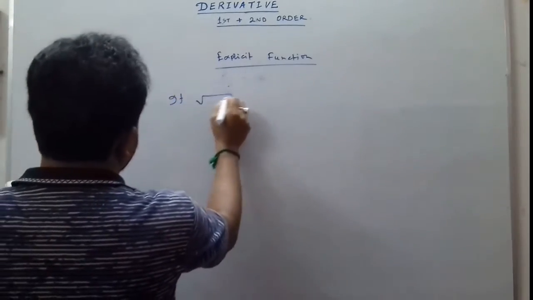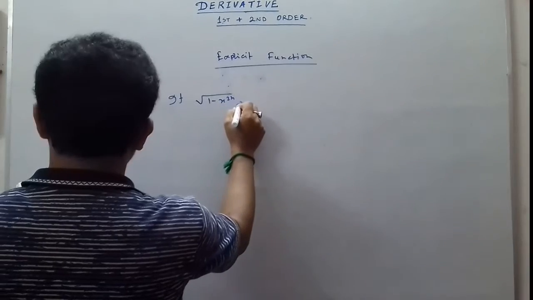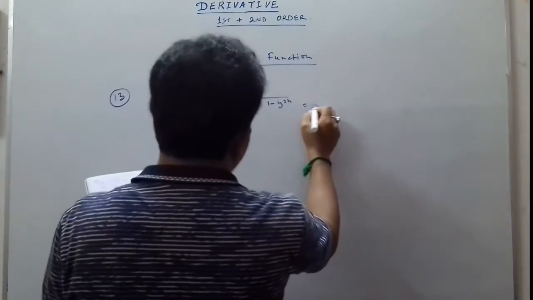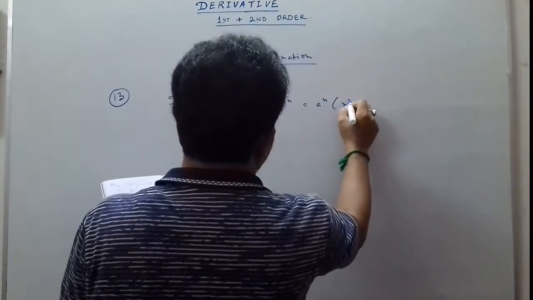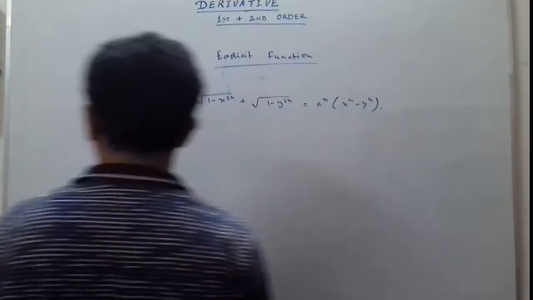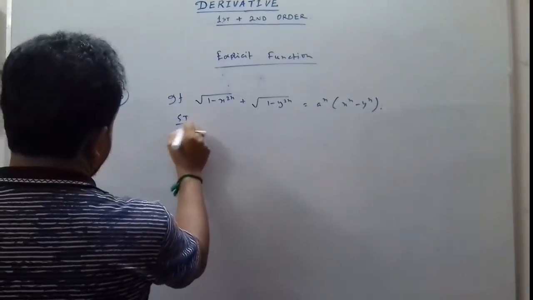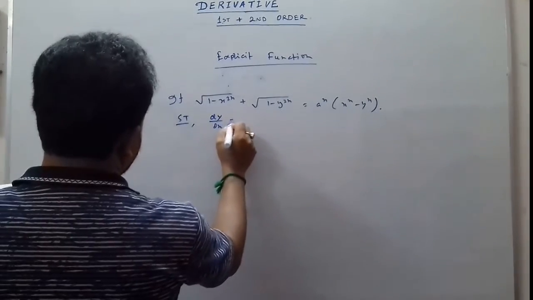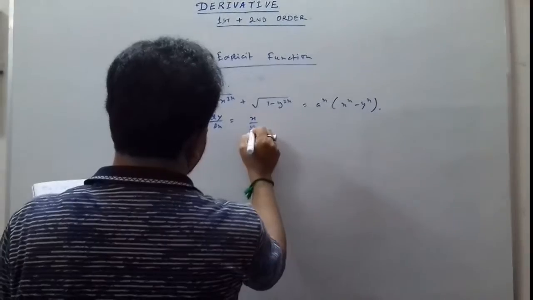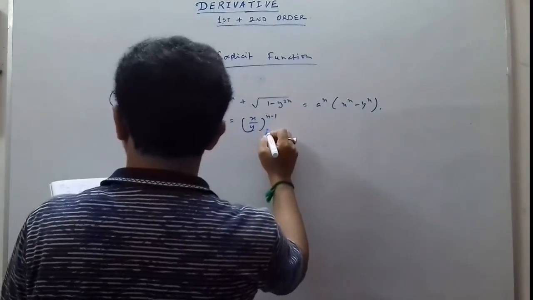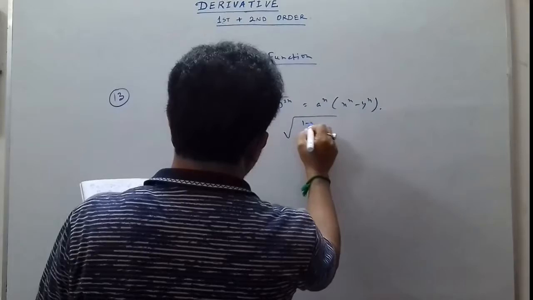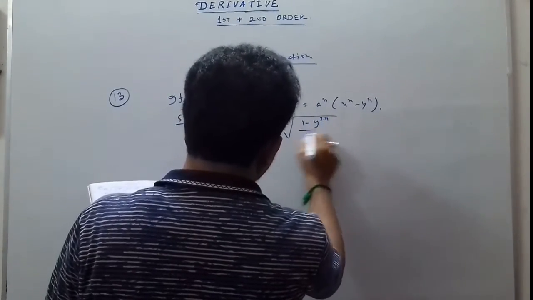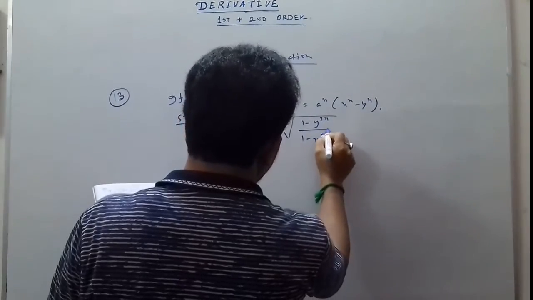If square root of 1 minus x power 2n plus square root of 1 minus y power 2n is equal to a power n into x power n minus y power n, show that dy by dx is equal to x power n minus 1 by y power n minus 1 into root over 1 minus y power 2n divided by 1 minus x power 2n.